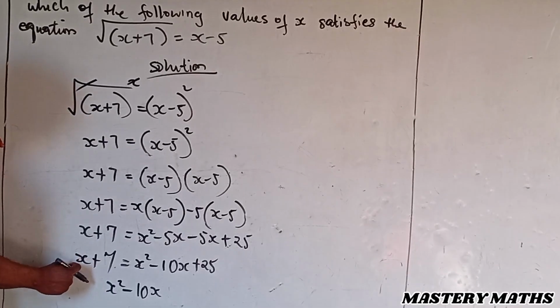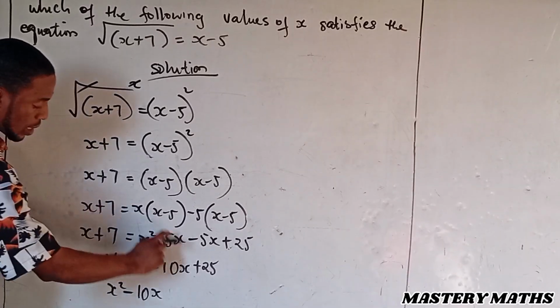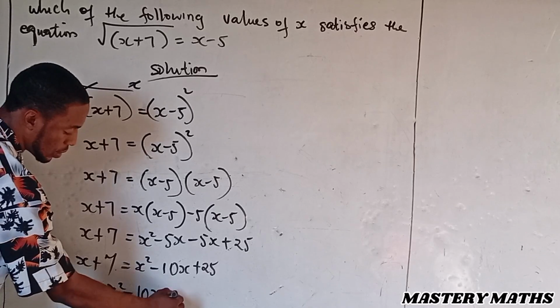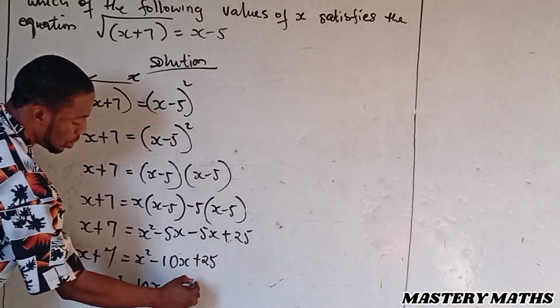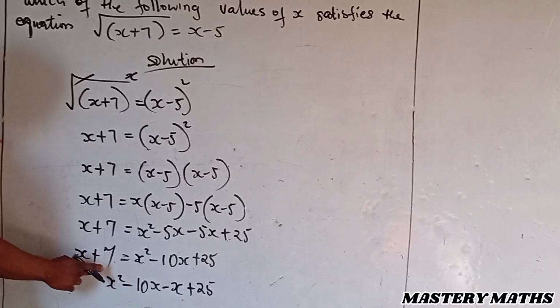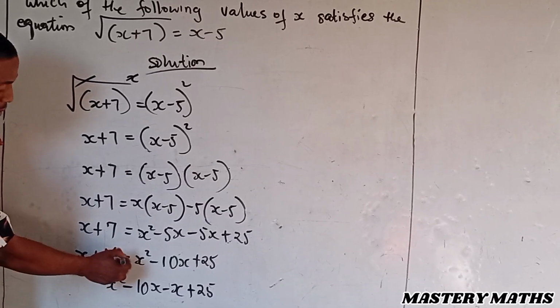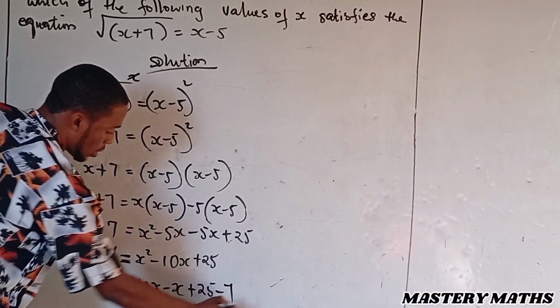Take this plus x. When it crosses to that side, it will change to minus x. So what's the next thing? Your plus 25 comes down here. Now, this is plus 7. This plus 7 crosses to this place, it becomes minus 7.